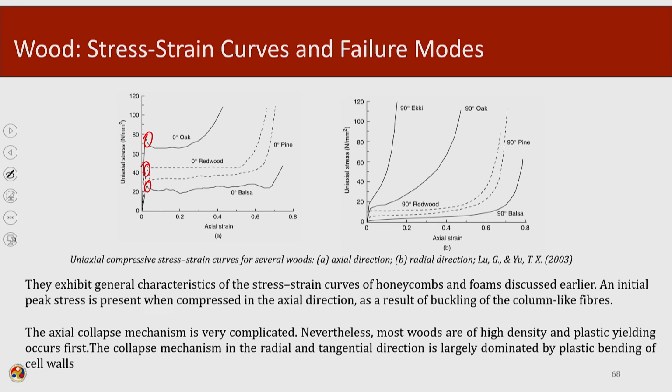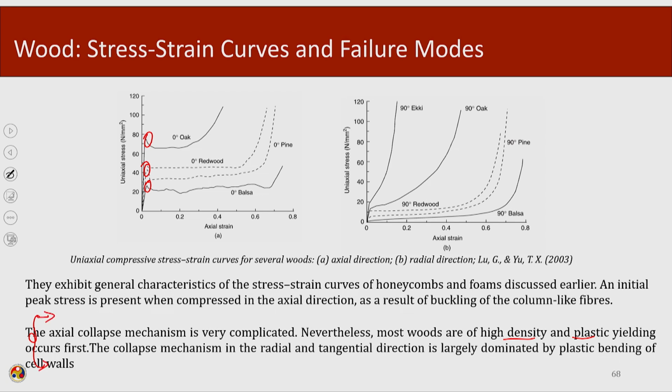Most woods are of high density, and plastic yielding will occur first. The collapse mechanism in the radial and tangential directions is largely dominated by the plastic bending of the cell walls. This is how wood as an energy absorbing material will behave.